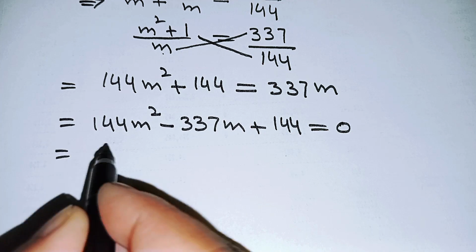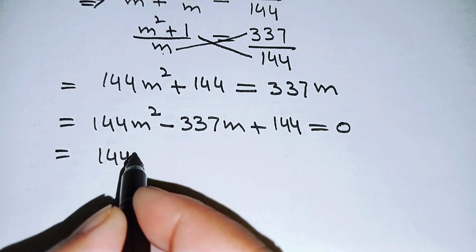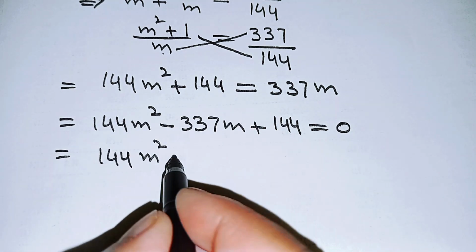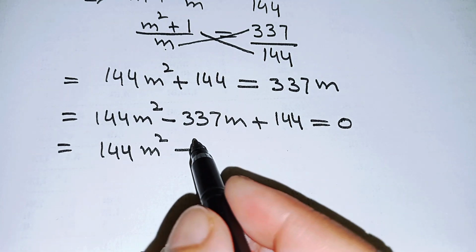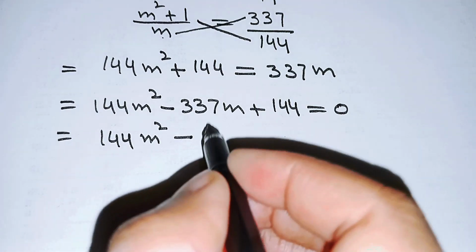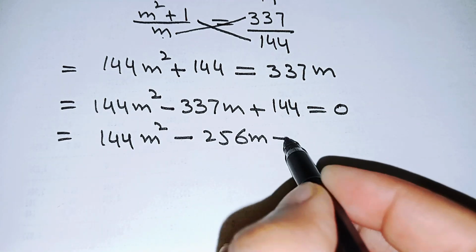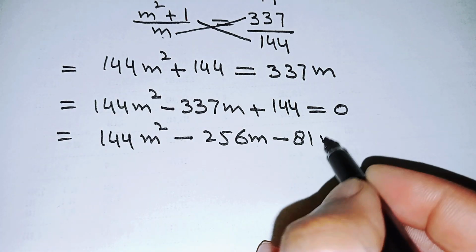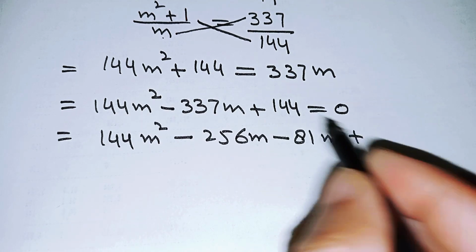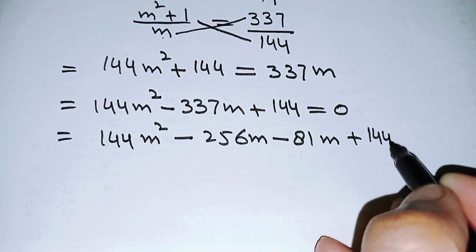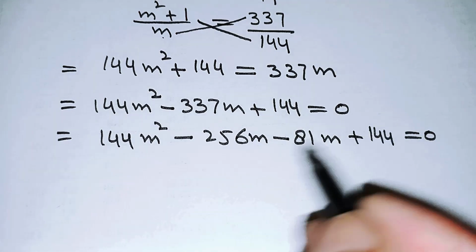And now this 144 m square minus this 337 m can be written as 256 m and minus 81 m, and then plus this 144 and is equal to 0.